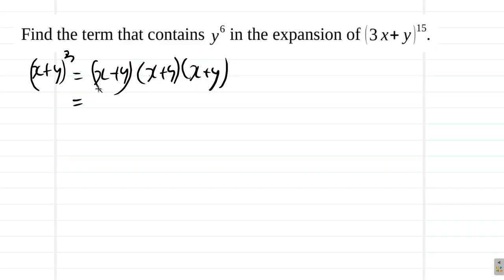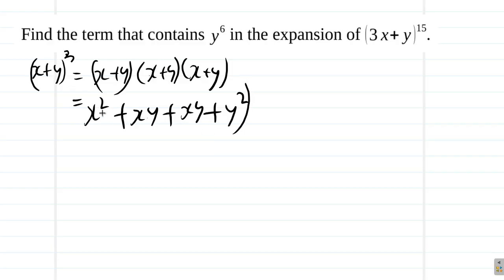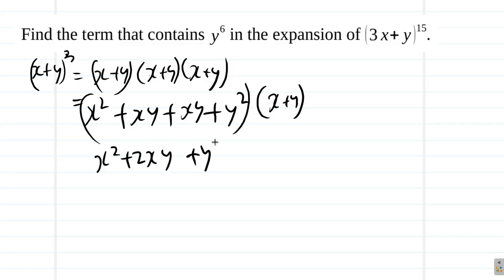So this would be x squared plus xy, plus yx, which is xy, plus y squared, and that multiplies x + y. This is the same as (x squared + 2xy + y squared) multiplied by (x + y).